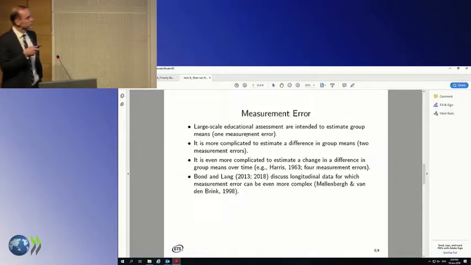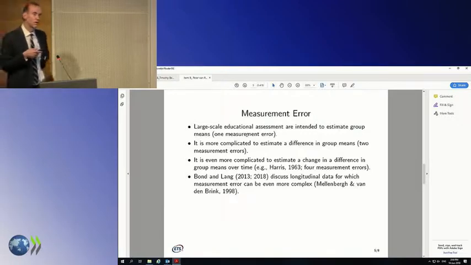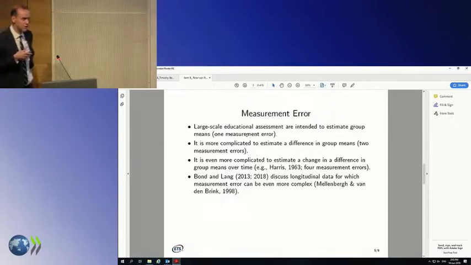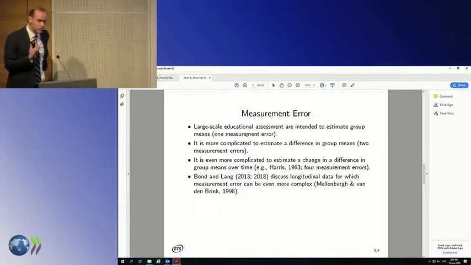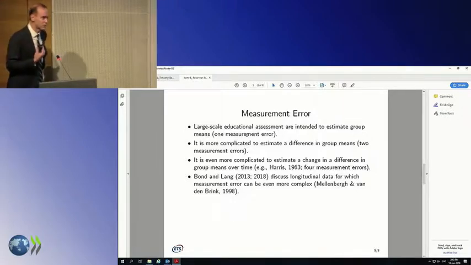So I just wanted to mention that there's a nice edited book by Chester Harris from 1963 about problems in measuring change, with a chapter by Carl Bereiter on some issues there with measurement error and correlated measurement error, and also a chapter by Fred Lord. And I think some of the issues discussed in that book are still relevant today, more than 50 years later.